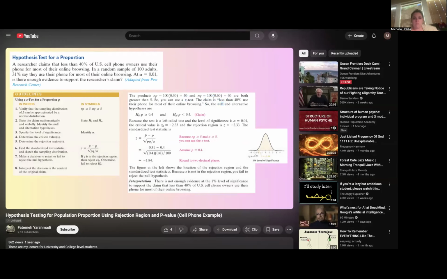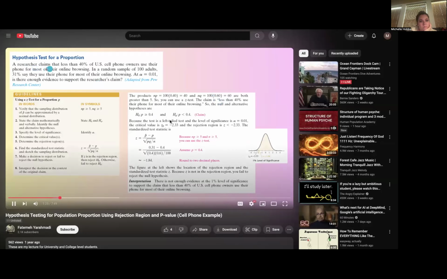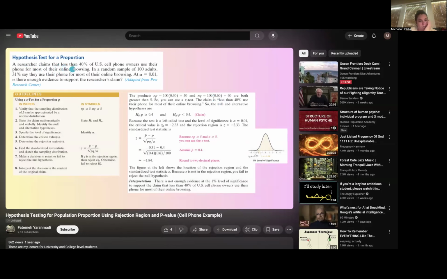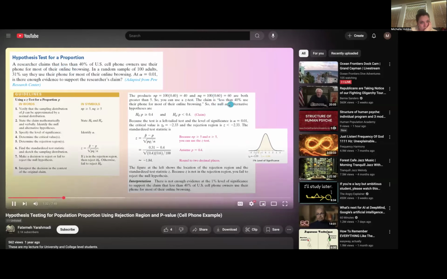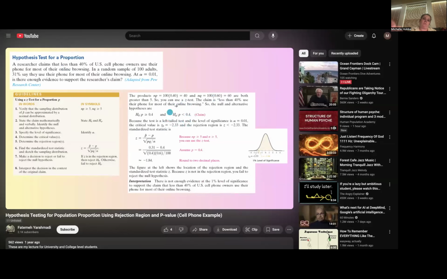Now, let's identify the null and alternative hypothesis. Note that the keyword given to you is claim that less than. Since you have less than, it means that it is your alternative hypothesis. Alternative hypothesis says, I'm guessing that the population proportion is less than 40%.